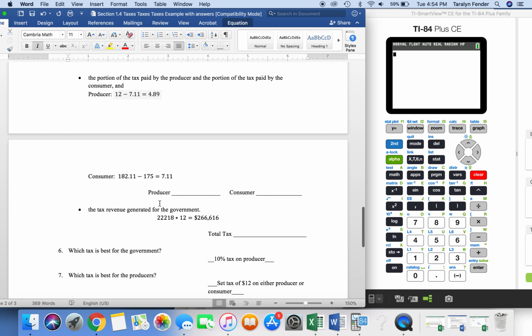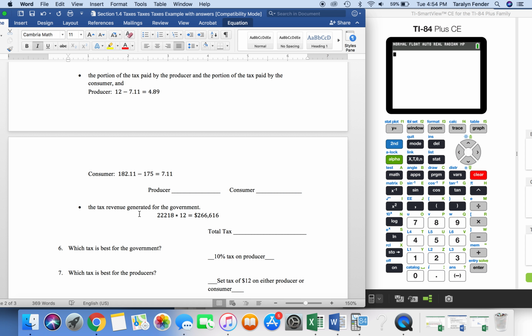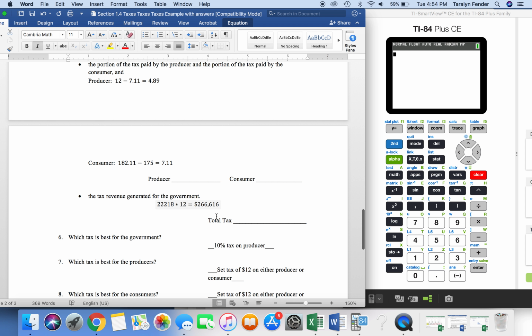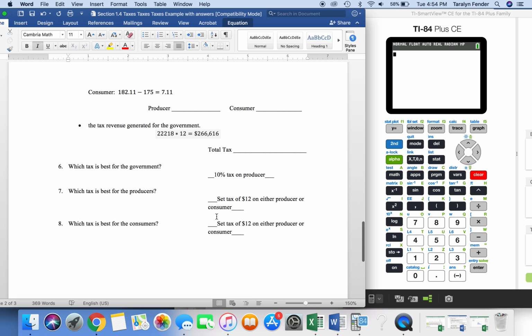Now, looking back at all of these numbers, we know that the tax revenue will be exactly the same as what was generated in number 4, because we have the same quantity times the same number. We get $266,616 in total tax.